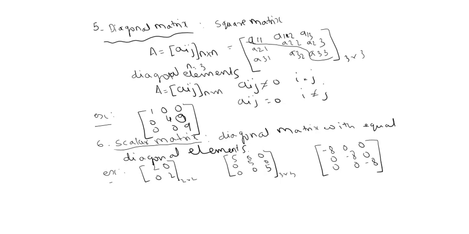Now we go to the next type of matrix, the identity matrix. An identity matrix is a scalar matrix where the diagonal elements are 1, or we can say it is a diagonal matrix with diagonal elements as 1.